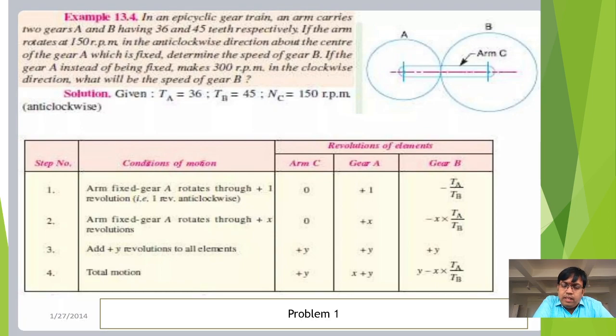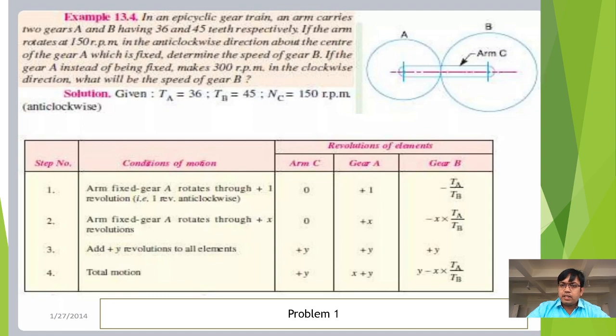Now, if gear A is rotated in the anti-clockwise direction for 1 complete revolution, what is the speed of gear B? What is the number of revolutions of gear B? How do you calculate it? Simple, because we know the gear ratio formula.